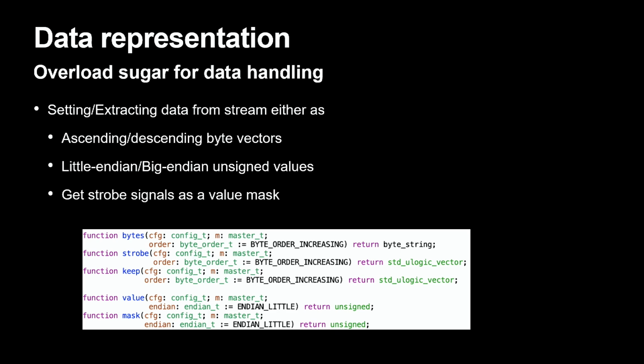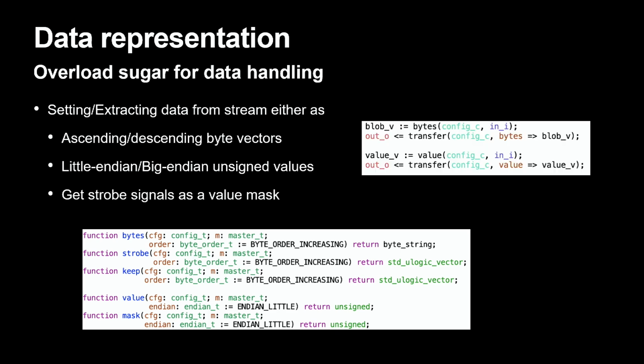The idea here is to say, OK, I will dereference the signals through a function that will extract what is actually configured as the working subset with a given endianness. So here it's the same stream, and I can read and write from it either as a bunch of bytes or as one integer. By default, it's little endian because AXI is little endian by default. But you may say, OK, actually, I want big endian, and it does the conversion for you and returns an unsigned value.